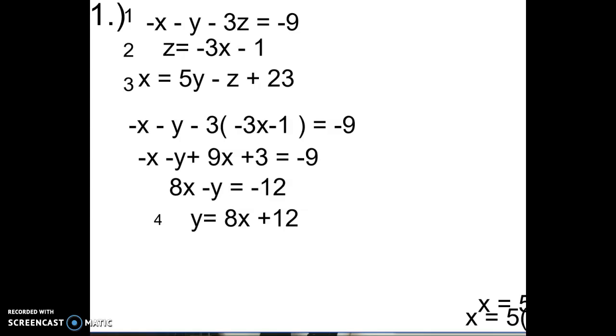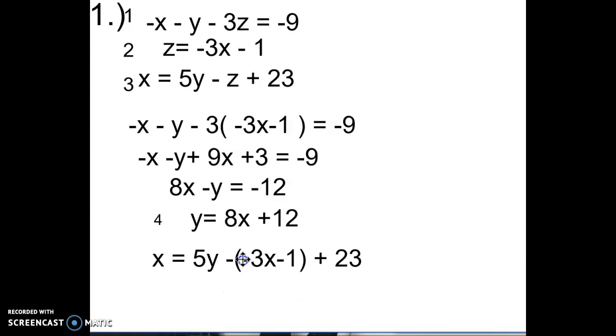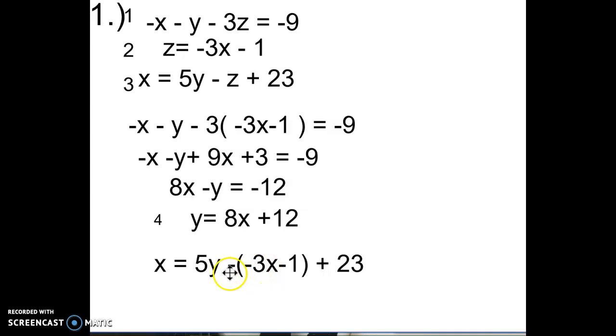Our next step here is to take our original number 2, and we have to substitute it into the equation that we have not used yet, which is equation 3, because we need to use all three equations. We substitute it in here for the z, and we have negative 3x minus 1 inside of the minus here.